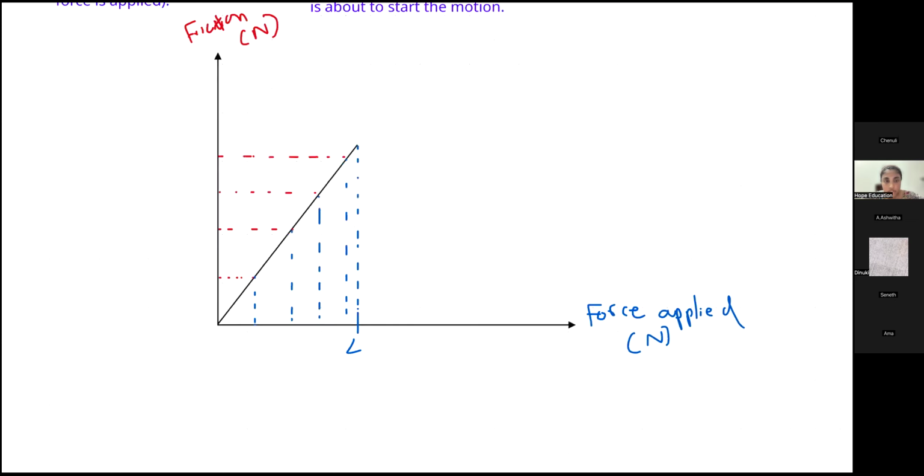According to this question, it's 4 newtons, right? එතකොට, when the force that I apply is 4 newtons, the force that the other surface gives, which is the frictional force, is also 4 newtons, right?